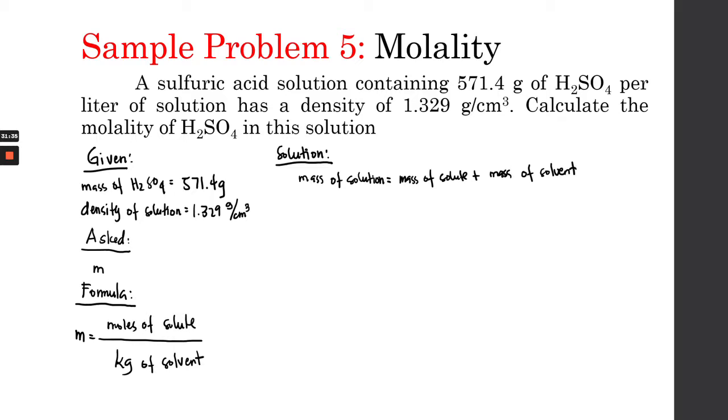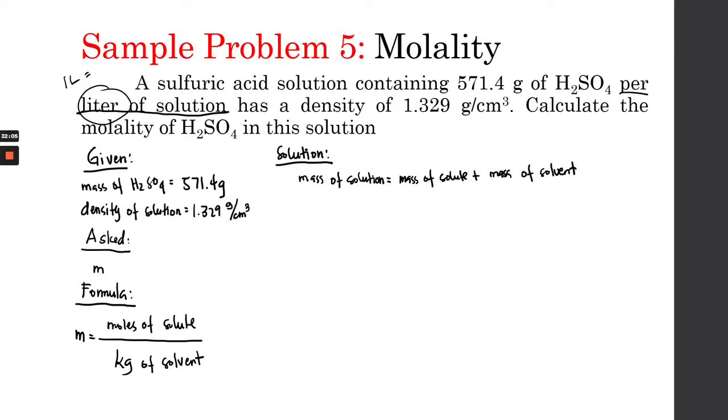What we need is the mass of our solvent. And in this problem, a sulfuric acid solution contains this amount per liter of solution. So we can take 1 liter of our solution, which is equal to 1000 milliliters.